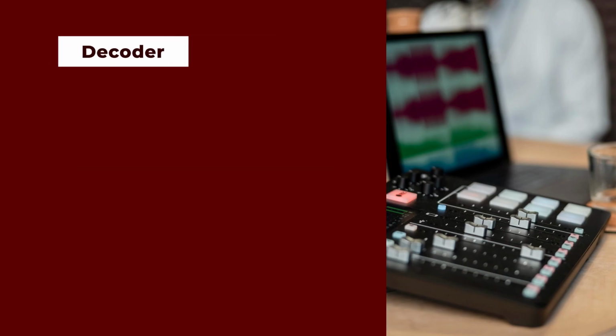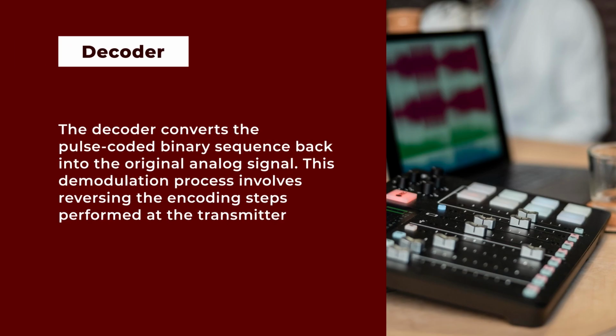Then the decoder. The decoder converts the pulse code binary sequence back into the original analog signal. This demodulation process involves reversing the encoding step performed at the transmitter.